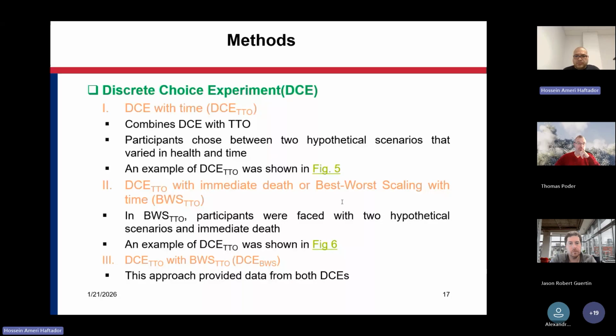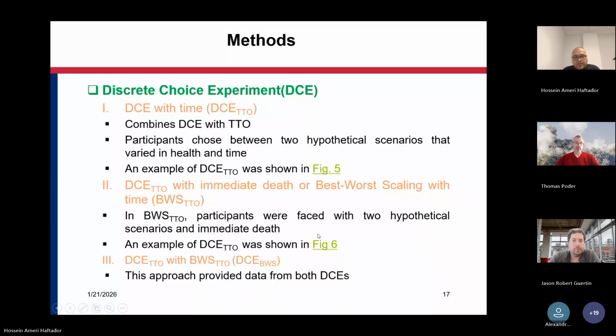Also, we added a system of symbols like a star, like what you see, and asked a participant to answer just this question: which option do you prefer, health state A or health state B? A person compared two health states and answered this one.